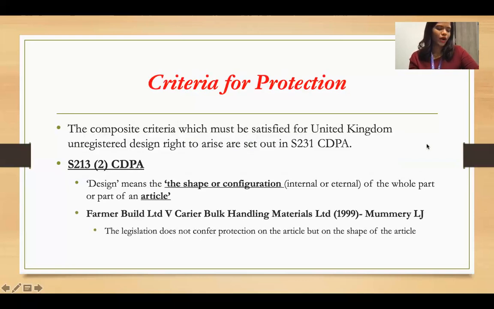So what is the criteria for protection? We look at the criteria for protection. There are a few very important sections under section 213 of the CDPA, where you will look at section 1 to section 7. All these are very important. Sections 1, 2, and 4 speak about design: what is design and how designs work. Section 3 speaks about the exclusions.